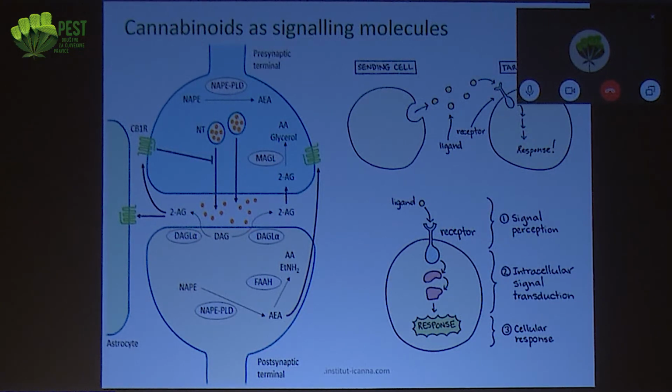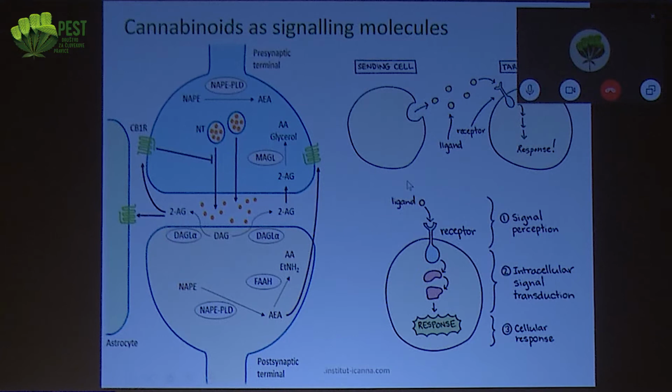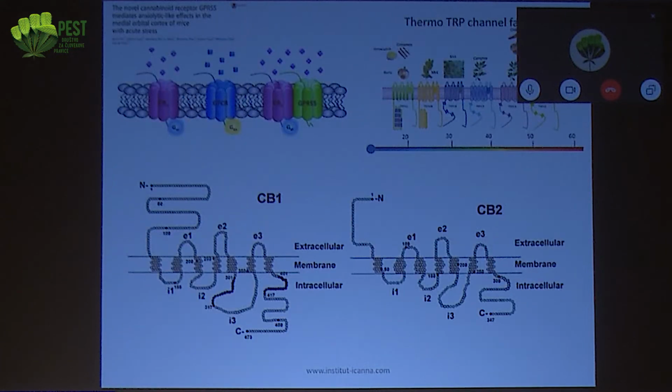But this aspect of the signaling is quite well known. Of course, we have different types of receptors that respond to these cannabinoid messages, and the CB1 and the CB2 receptor are already very well known, and CB3, that was formerly known as the GPR55, is also an important signaling receptor for cannabinoids.